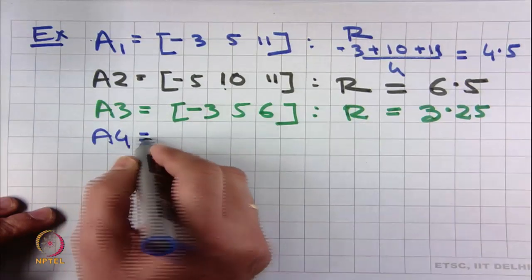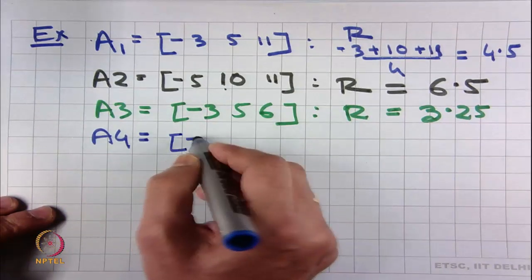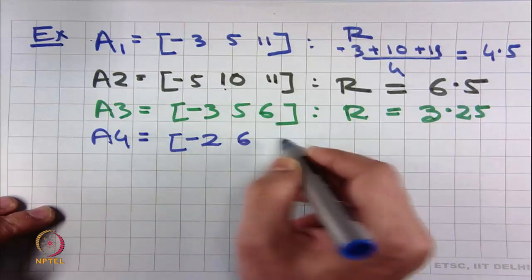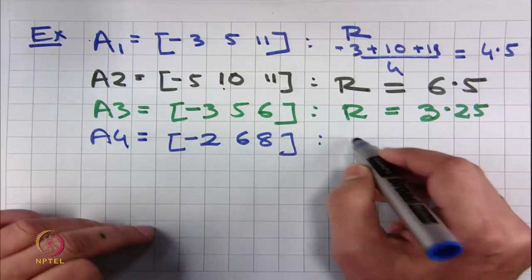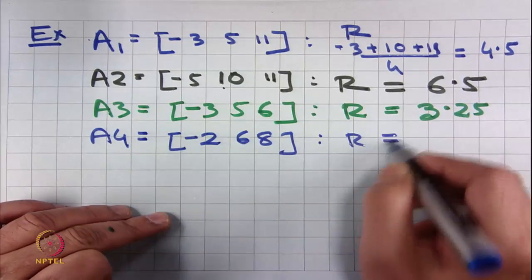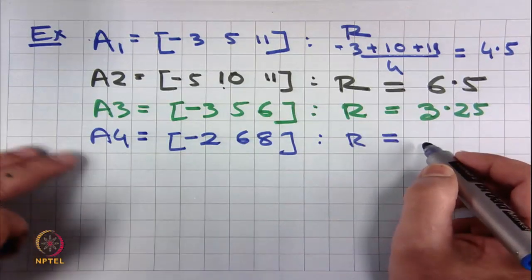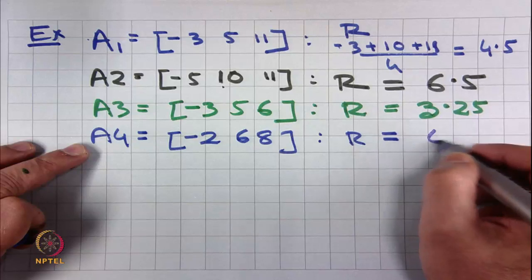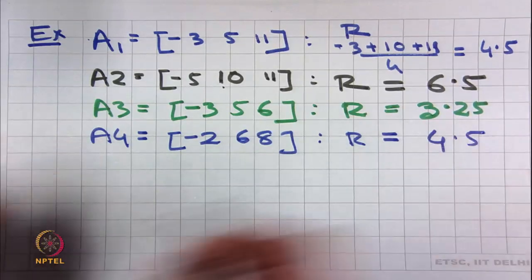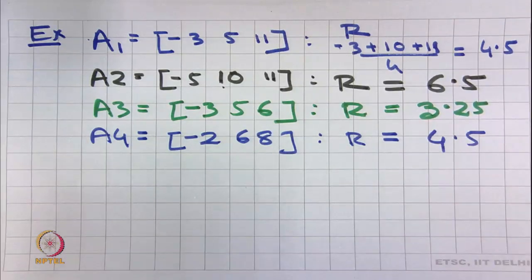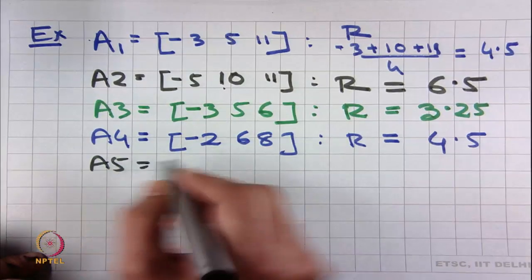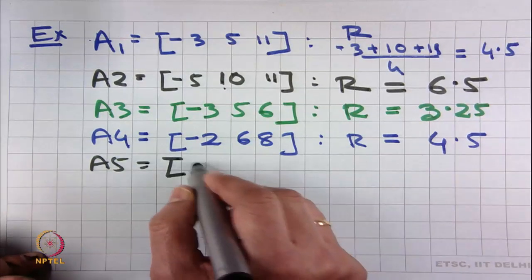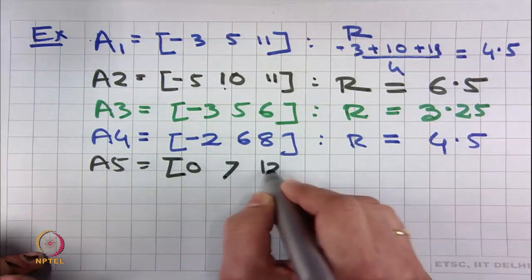A4 is equal to minus 2, 6, 8, and one can calculate that R is equal to 4.5. A5 is equal to 0, 7, 12.